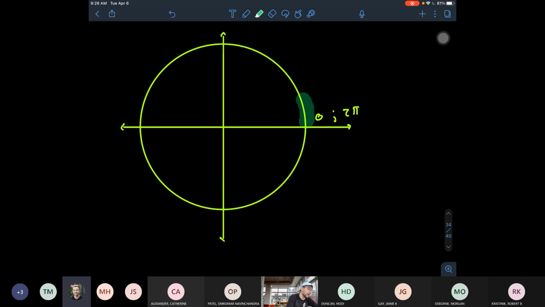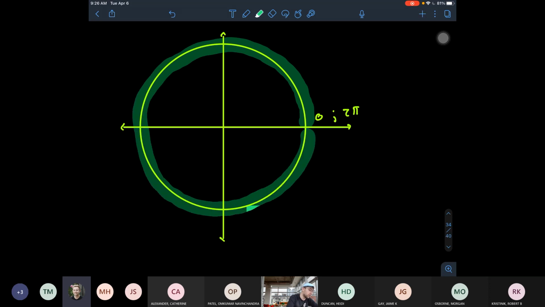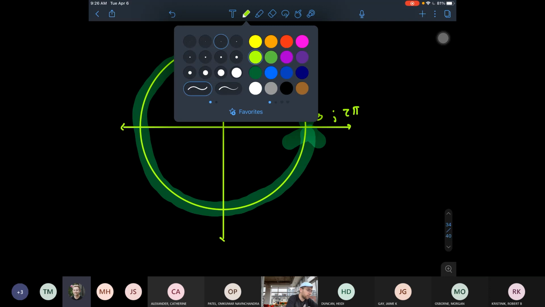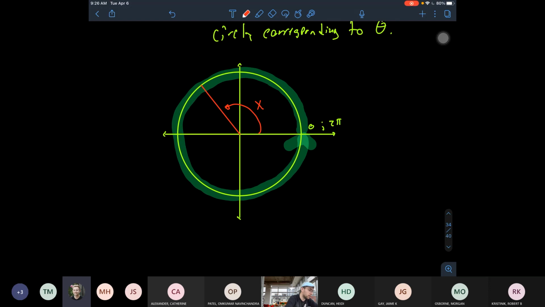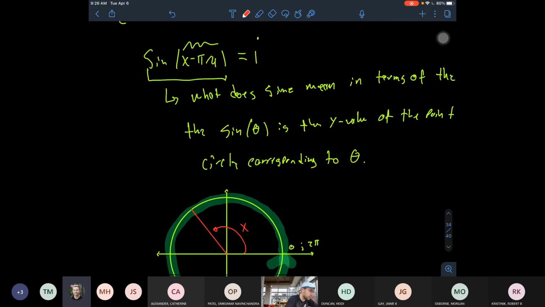So we're going to start looking at angles which are anywhere in the first rotation of the unit circle. And what do we want? We want our angle to have the following property. We're interested in what x should be, right?